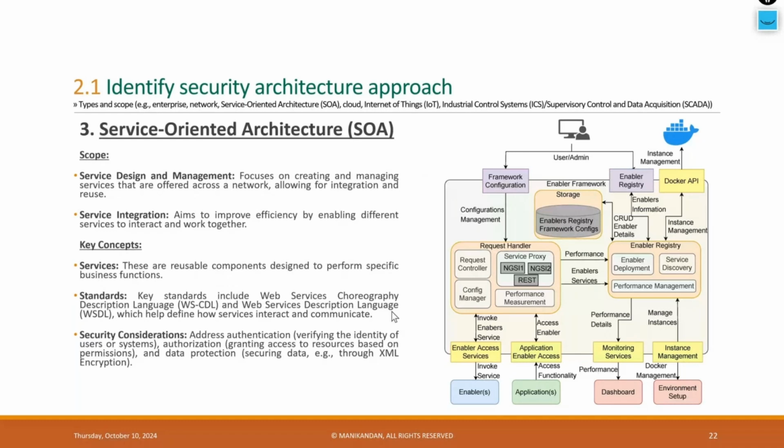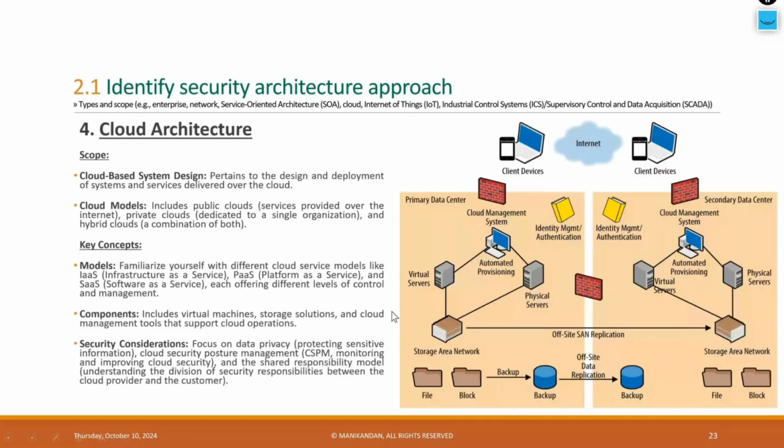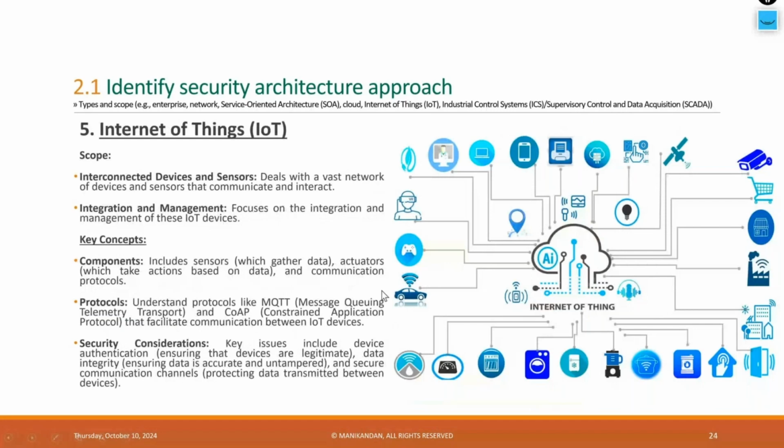Now the next important element which we have to discuss is IoT, Internet of Things. Interconnected devices and sensors deal with a vast network of devices and sensors that communicate and interact.